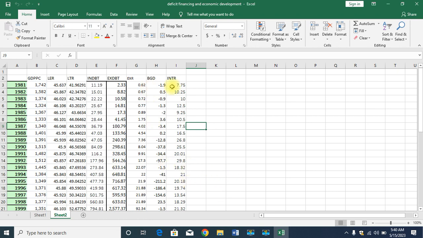For instance, this is the data on interest rate. If there is an outlier here, it would have been obvious. In 1998, for instance, if you look at interest rate in 1998, the interest rate was 16.3. So if an outlier exists, for instance, let's assume that what we have here is 4, 5, 7, 6, 7.